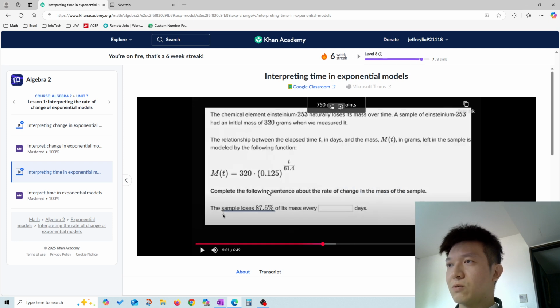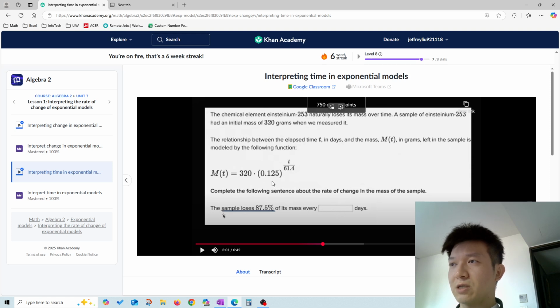Let's try another one. The sample loses 87.5. You see right here, it is 87.5. Loses means it shrinks by that much. So you end up with this. When you multiply it, you get the geometric series, and you want this to be 61.4.